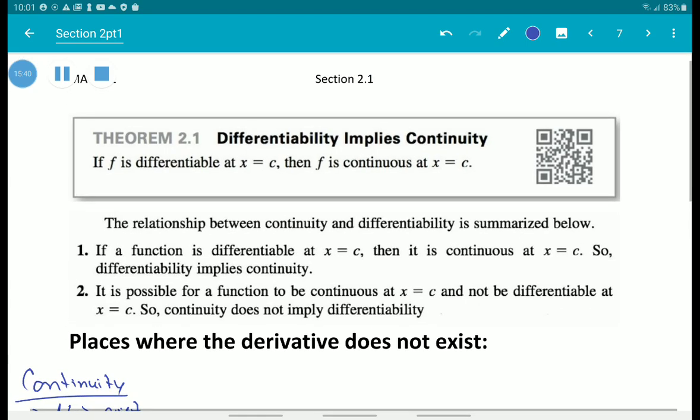So now we're relating continuity with differentiability. If it's continuous, that does not mean it's differentiable everywhere. There are places where the derivative doesn't exist, and we'll talk about those in a minute. But if it's differentiable at x equals c, then it's always going to be continuous at x equals c.